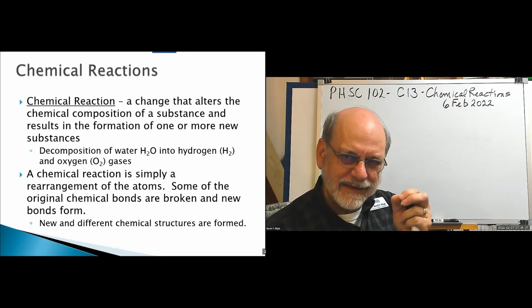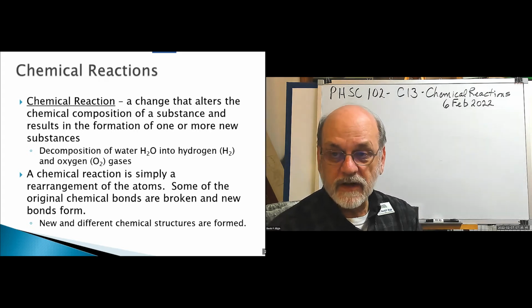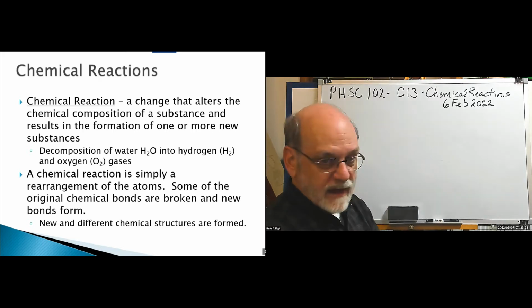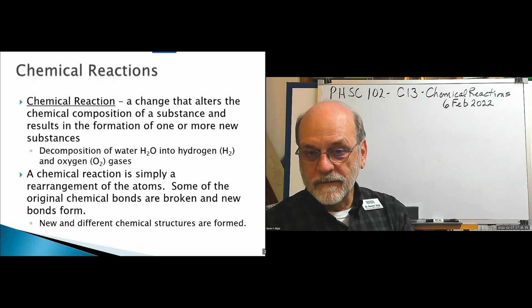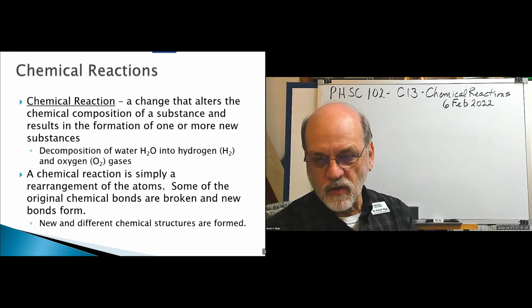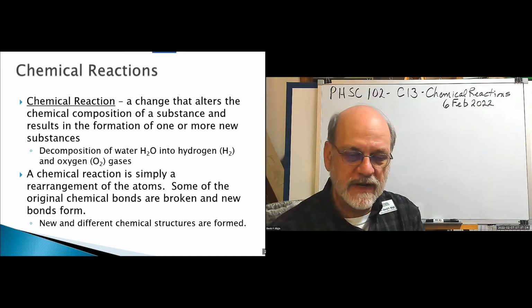You need to maybe add a little bit of acid to make it conductive so electricity will flow. And then you need a direct current. If you pass a direct current through water, the energy from that electrical transfer will cause water to decompose. And we could describe it here, or we could write it in terms of a chemical reaction, which I'll describe in just a few minutes.